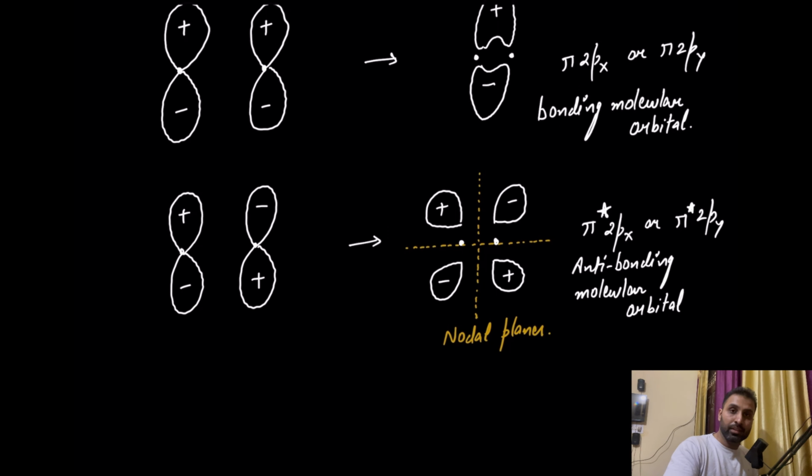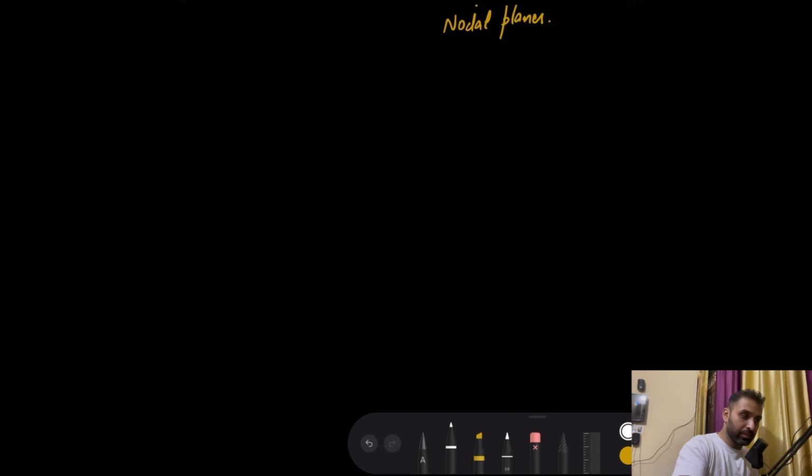Now let's make a structure, the simple structure. That's the p subshell of the first atom. And we are having three p orbitals. That's 2px, 2py, 2pz.